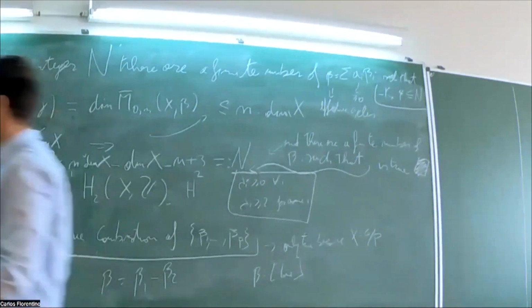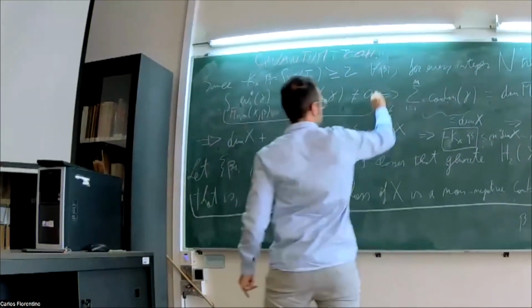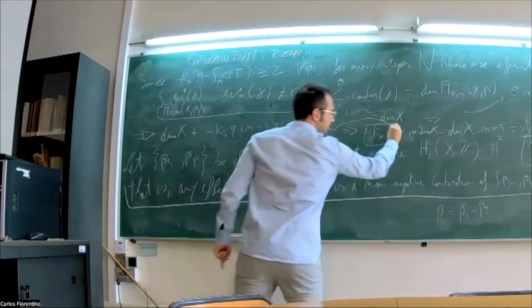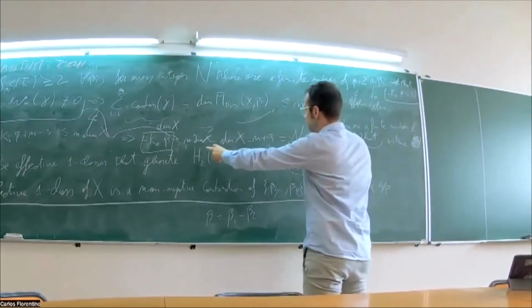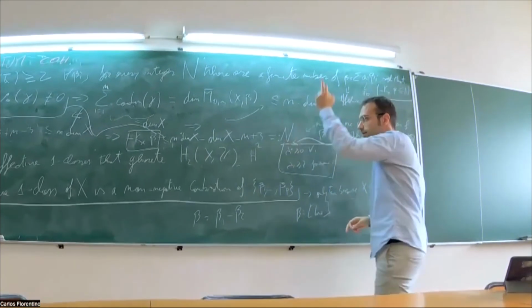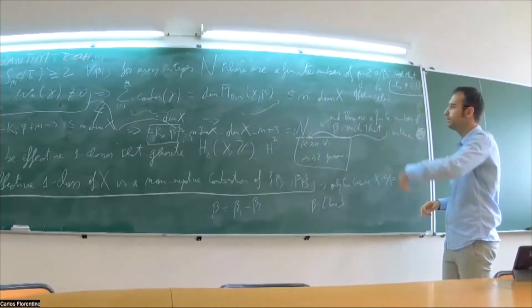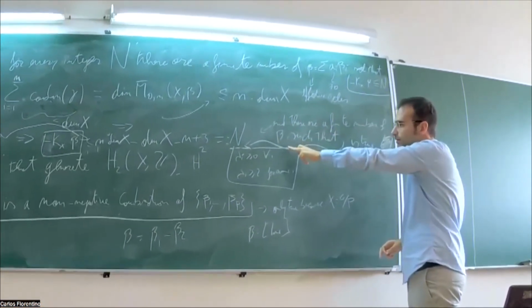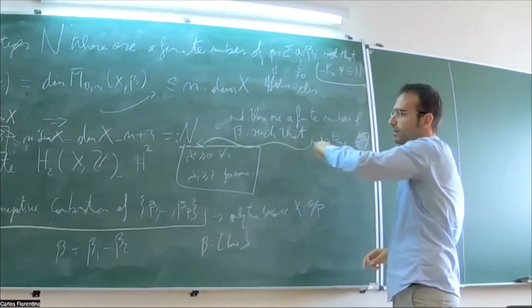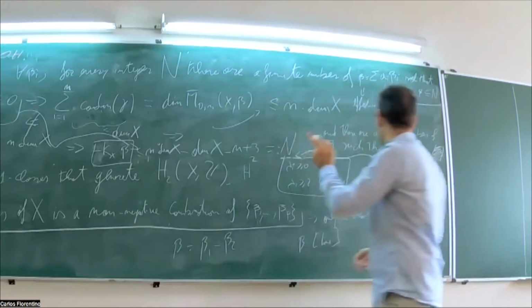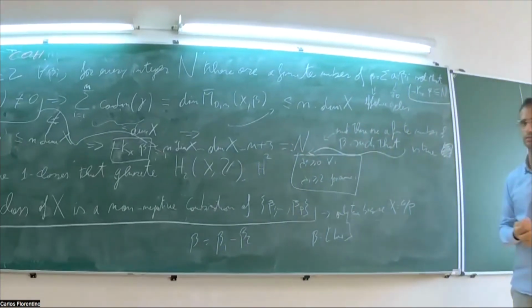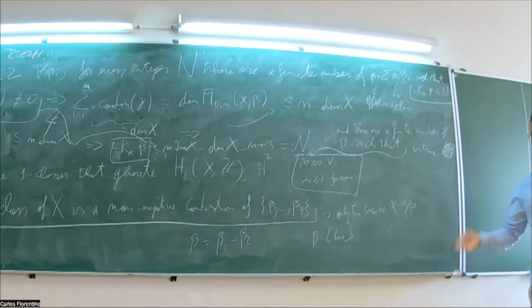So this implies this inequality. I choose this as my n, and so there are a finite number of beta such that this inequality is true. And I proved it to you.